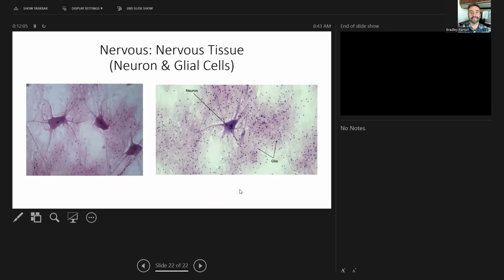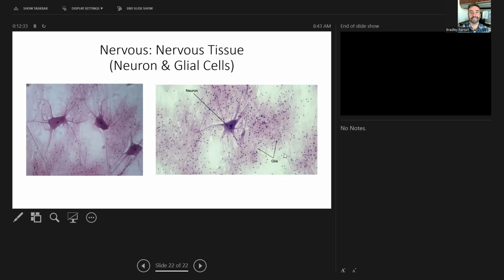Last but not least, we've got our one nervous tissue. Nervous tissues have two different cell types that you'll need to be able to identify. This is a neuron, so the big cells are neurons. This is the cell body with all those axons and dendrites coming off of it. Those are the cells in our nervous system that do all the communicating. And then the tiny little dots in the background, all these little dots behind it are neuroglial cells, or sometimes just called glial cells.